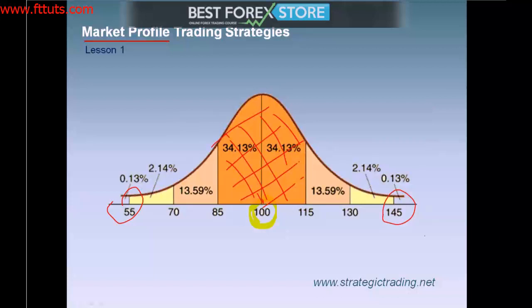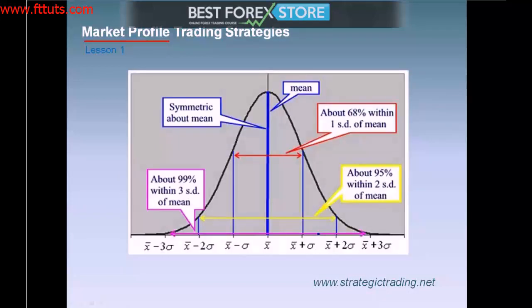And the other values will form extremes in the market. So the concept of the normal distribution is the concept that Stadelmeier used to help organize the data in the profile format to help us understand and identify where value is in the market and where extremes exist.